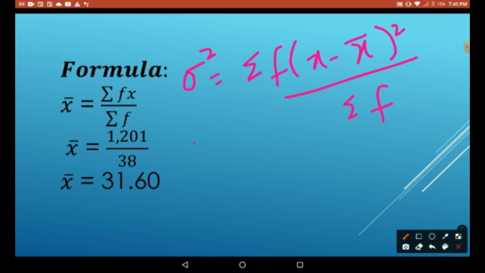The first column we know is the midpoint, and then we construct x minus x bar, then x minus x bar whole square, and this column multiplied with the corresponding frequencies. How? Let me show you.